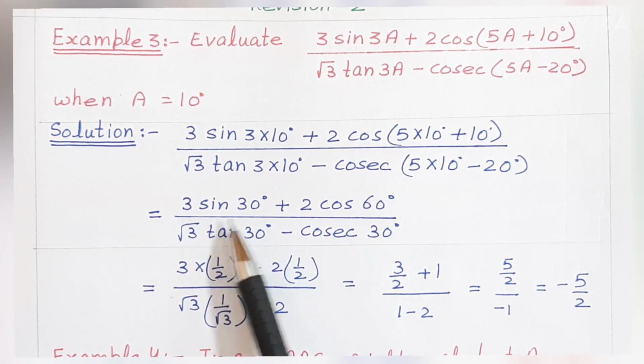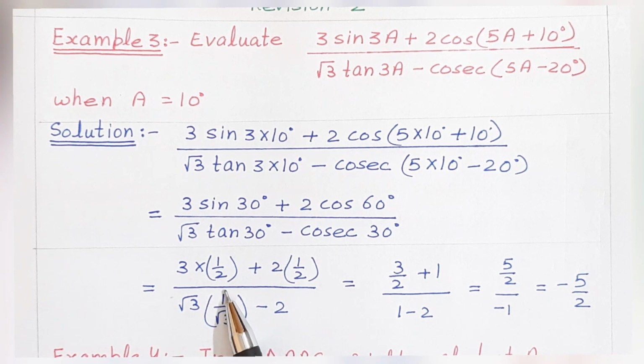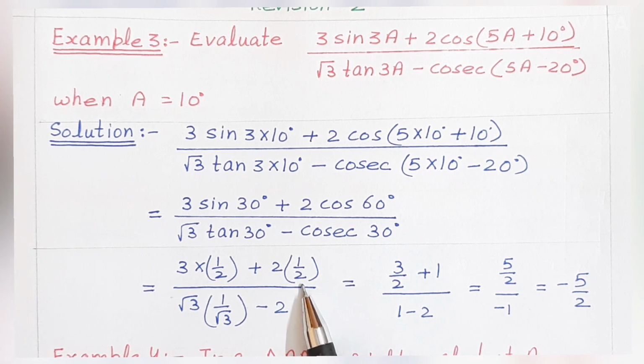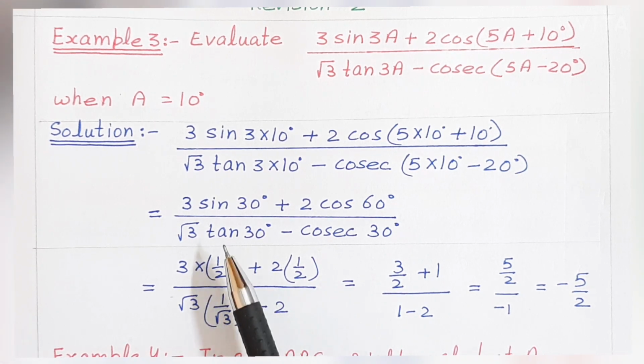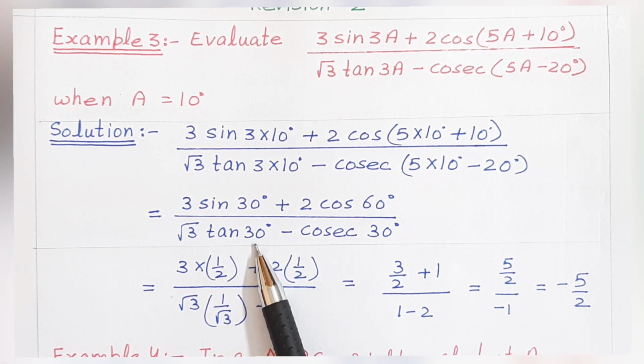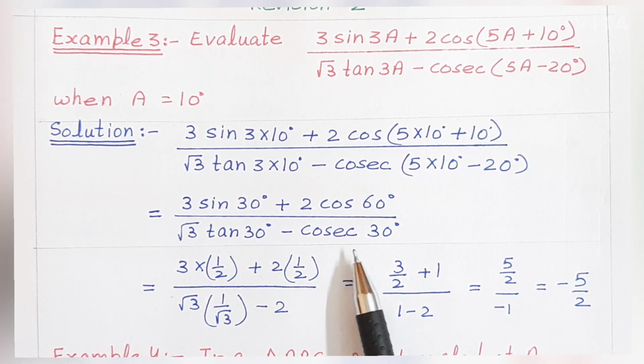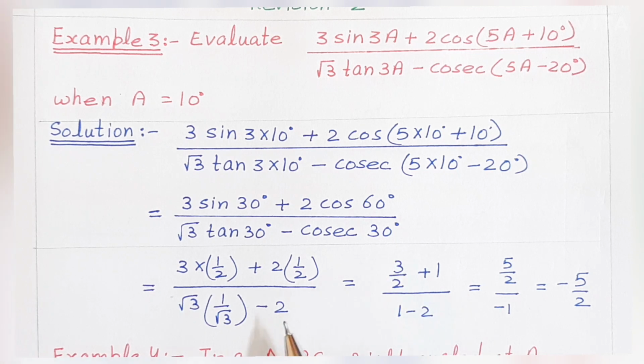Sine 30 degree we know is 1 by 2, that is half. Cos 60 degree is also 1 by 2. Now tangent 30 degree is 1 upon root 3. And cosecant 30 degree is 2. Now let us solve this. So here, after solving this, the answer is minus 5 upon 2. Clear?